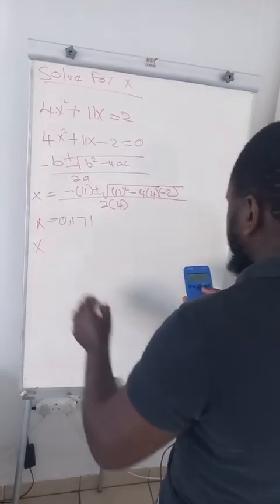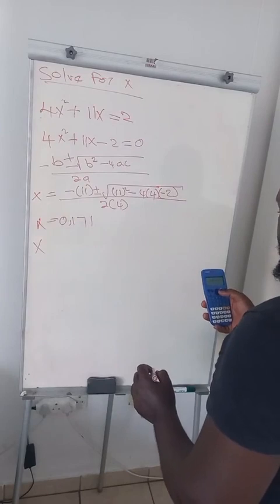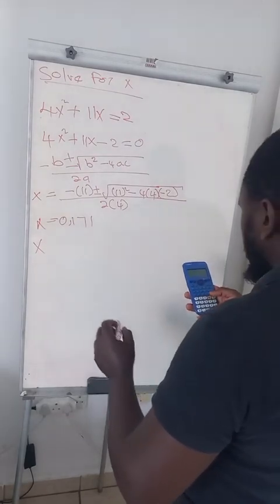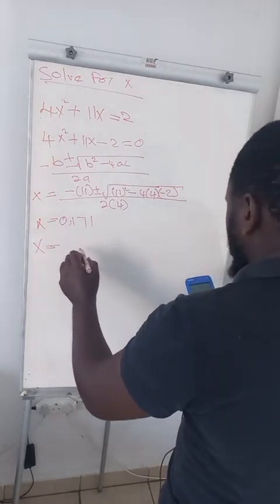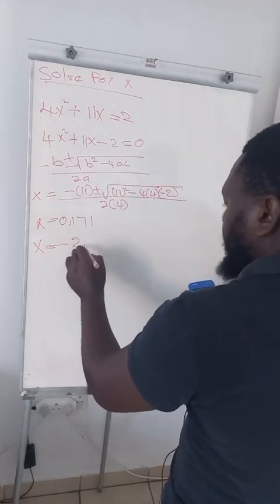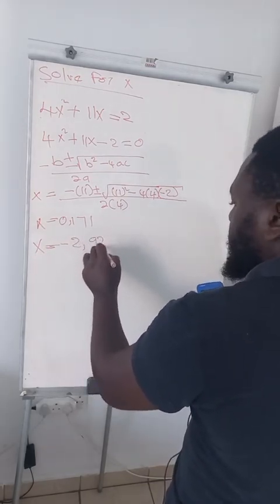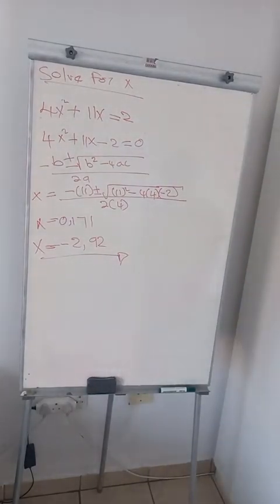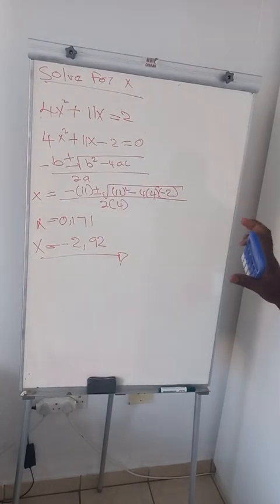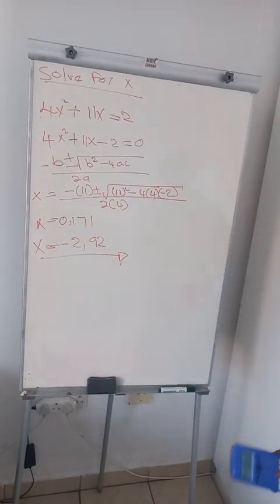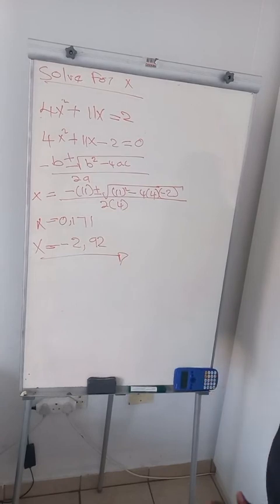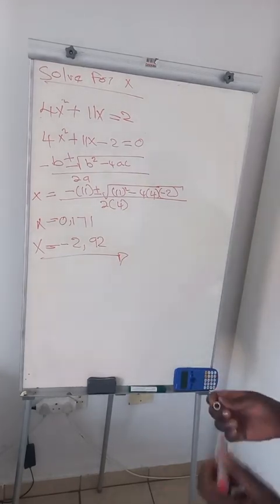The next one will be negative 2.92. So this is how you solve a question where there are no factors. So let's move past that and go to the next question.